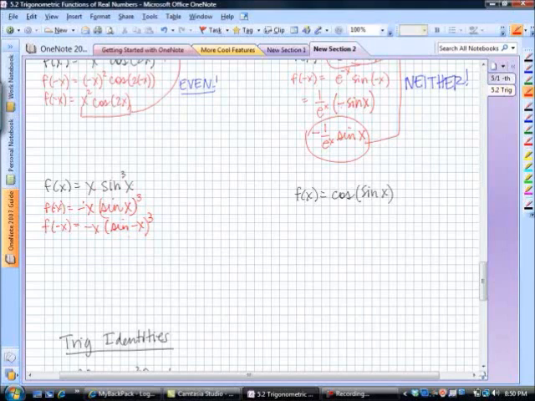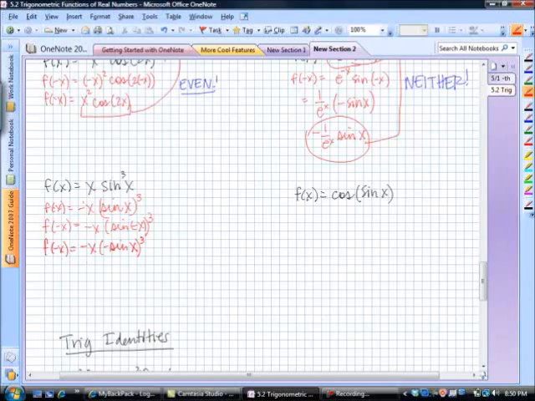Okay, so now what we need to do is evaluate this. Negative x remains negative x. So we have f of negative x equals negative x. Then sine of negative x, since sine is odd, is the same thing as negative sine x, cubed.